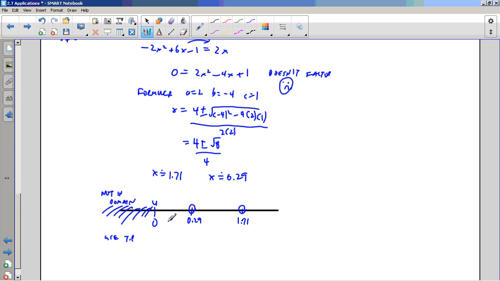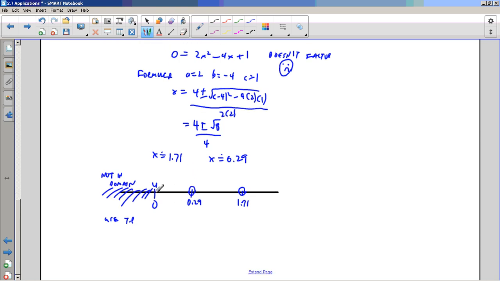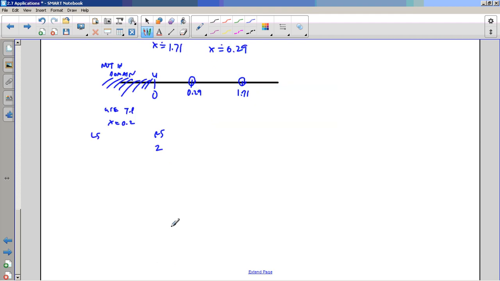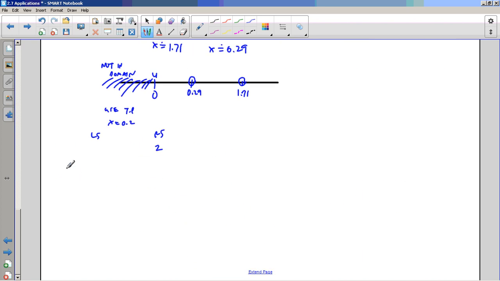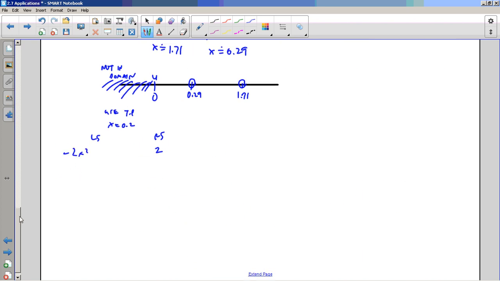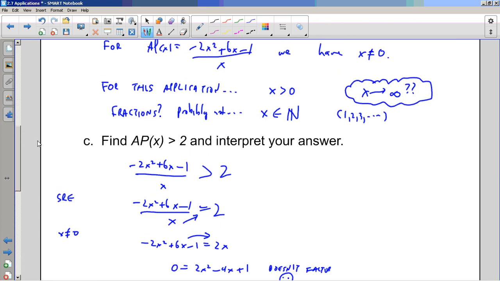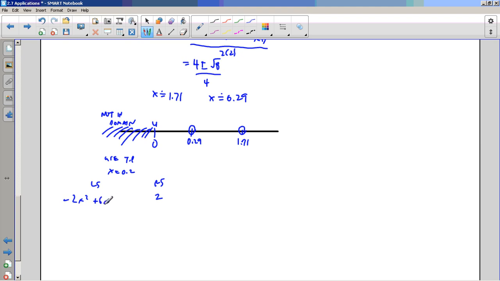So in here, what would be a value that's in here? Well, we'd use 0.2, right, or 0.1 or whatever. So in there, 0.2. The left side and the right side. The right side we're comparing to is 2. The left side is that formula there, negative 2x squared plus 6x minus 1 over x, and I have to just use my calculator.